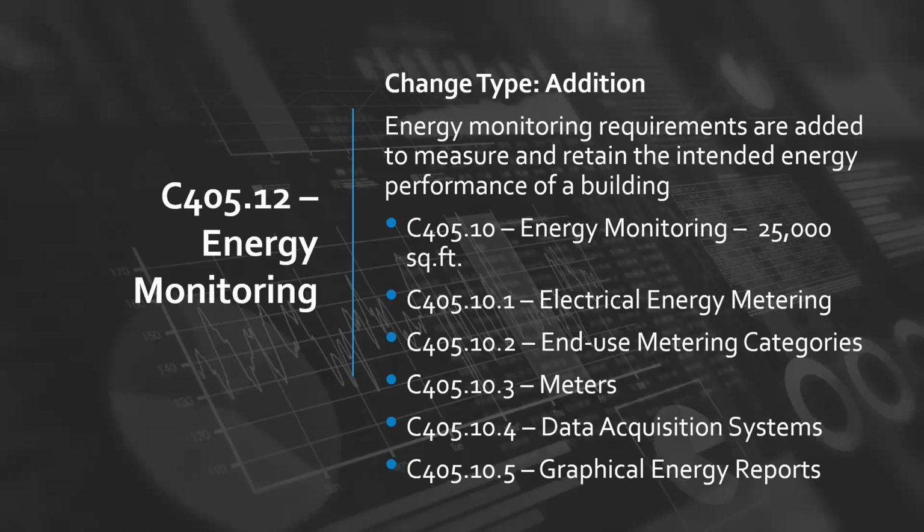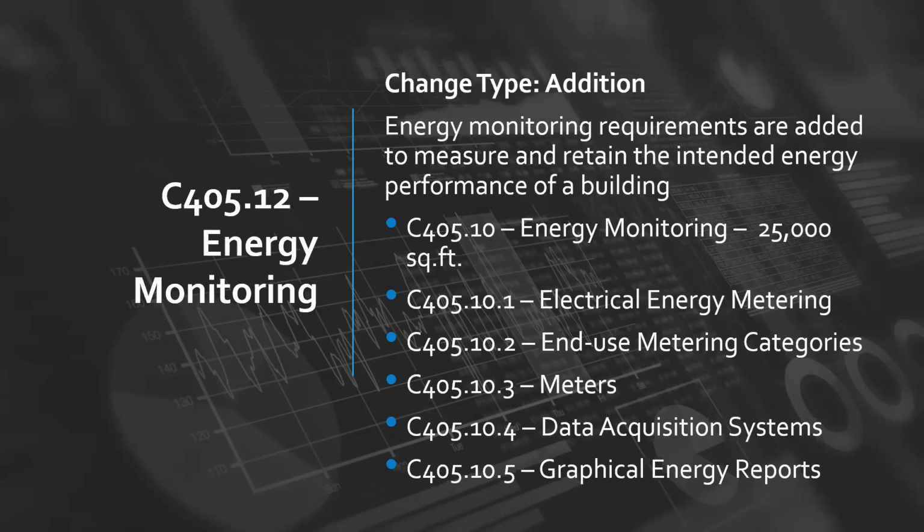So there are exemptions, first for R2 buildings. Monitoring is not required if it has its own utility services and meters, like some of the colleges, and has less than 5,000 square feet of conditioned floor area. The exemptions for in-use metering are HVAC and water heating serving individual dwelling units.